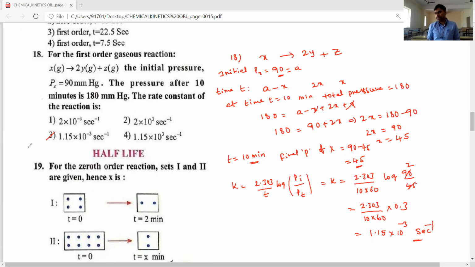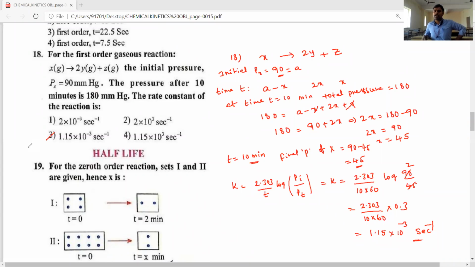See, for this question, the initial pressure of the reactant they gave, but the final pressure of the reactant we don't know. But at time t equal to 10 minutes, the total pressure of the reaction we know is 180 mm of Hg. That 180 mm of Hg is formed as some x mm of Hg pressure is decreased from the reactant, and 2x amount of pressure is formed due to the product of 2 moles of Y, and x amount is formed due to 1 mole of Z. Then the total pressure is A minus x plus 2x plus x, equal to 180.